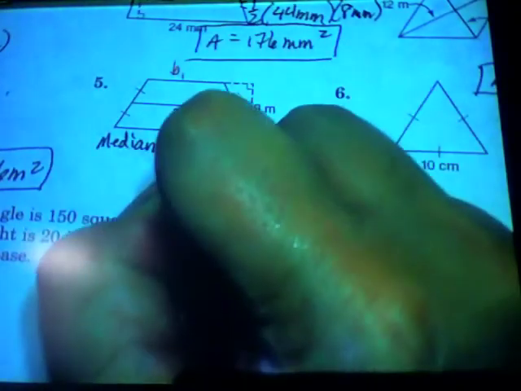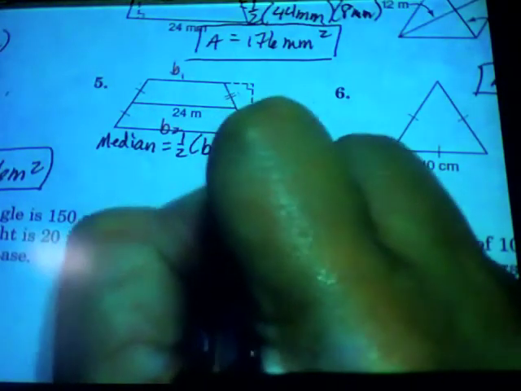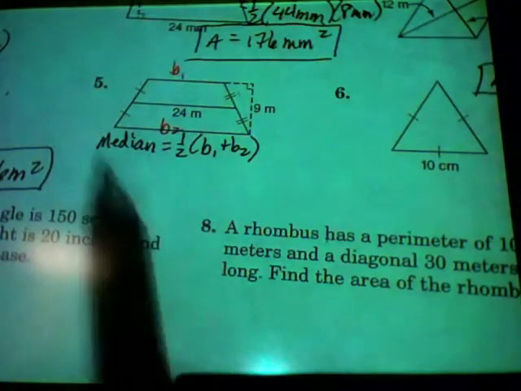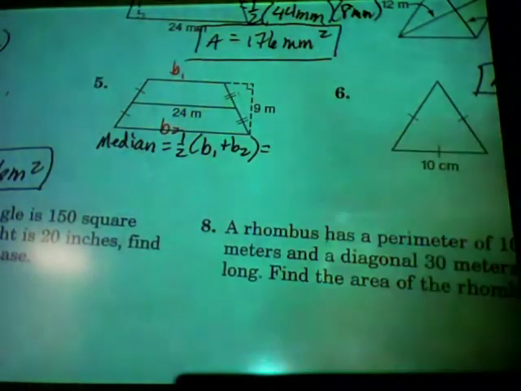Okay, so if we're going to call this one base 1 and we'll call this one base 2. And so Ethan just said 1/2 base 1 plus base 2. Oh, isn't that part of our trapezoid formula? And that's what the 24 equals. And so this equals 24 meters.